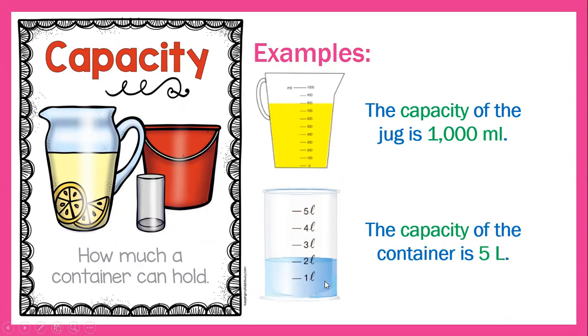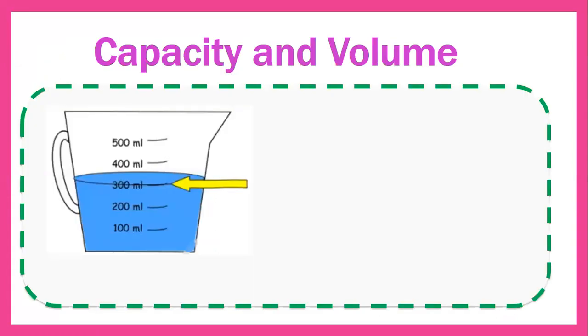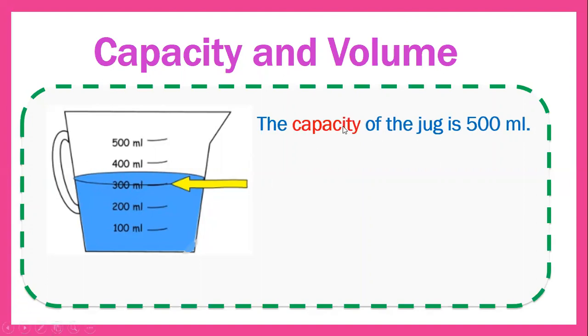To make things clearer between volume and capacity, look at this example. The capacity of the jug is 500 ml because the jug can hold up to 500 ml of liquid or water.